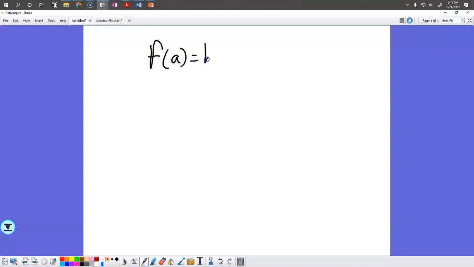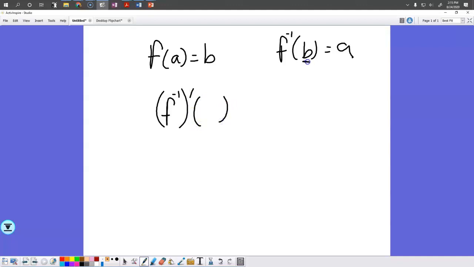If f of a equals b, then that means that f inverse of b equals a, right? Now, we've also talked about the fact that the slope of the inverse function, in other words, the derivative of the inverse function at b, is going to be the reciprocal of the slope of the f function at a, right?